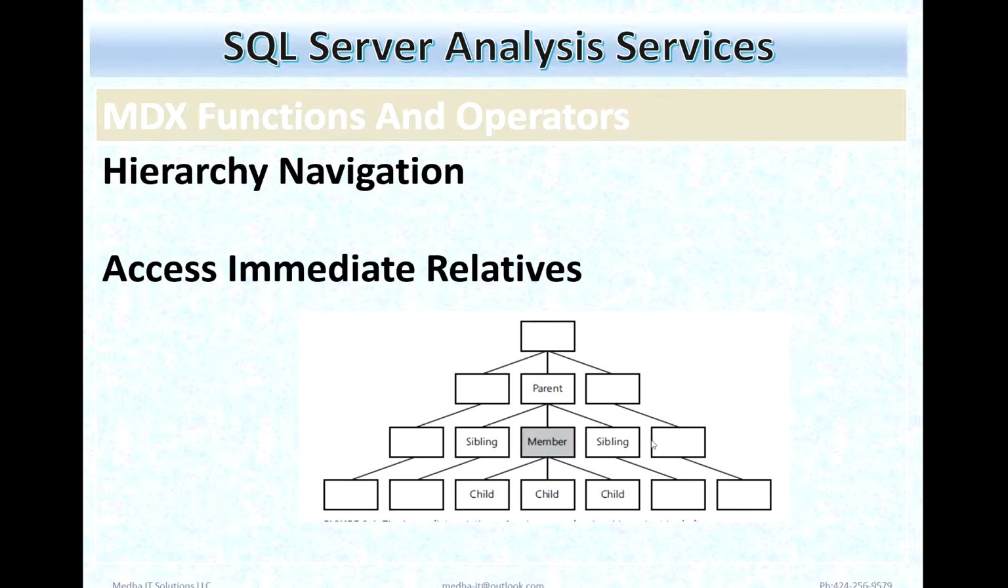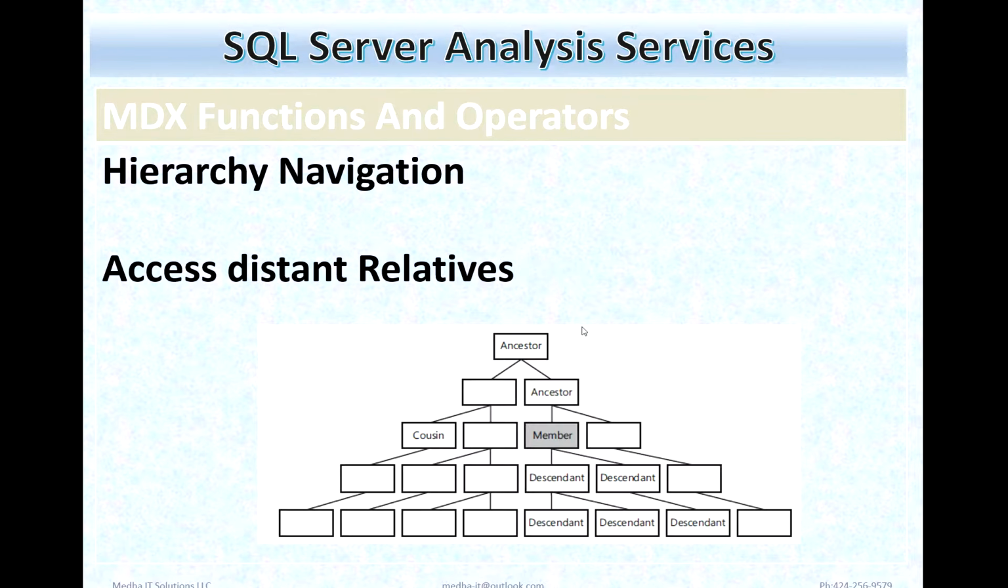Next, we have something called distant relatives or remote relatives. In case of distant relatives, we call them ancestors and descendants, because in case of immediate relatives, we are calling them parent and child, since we are talking about just one level up and one level down.